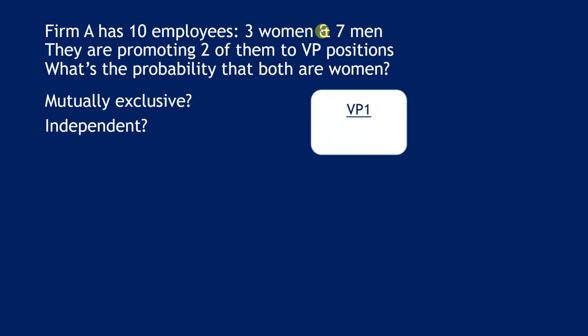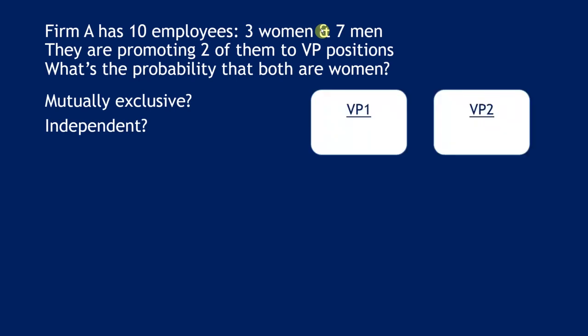Okay, so let's have 2 slots for these 2 promotions. And let's think about the probability of getting a woman for the first promotion and then the probability of getting a woman for the second promotion. And then that's how we can calculate the probability of both, right? So after we do these 2 separately, we can look at the intersection.